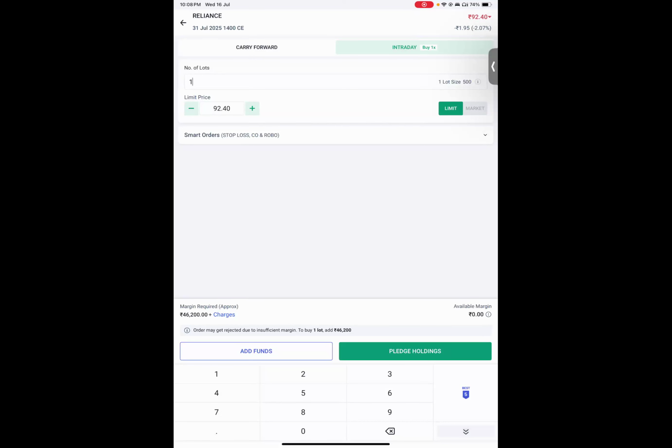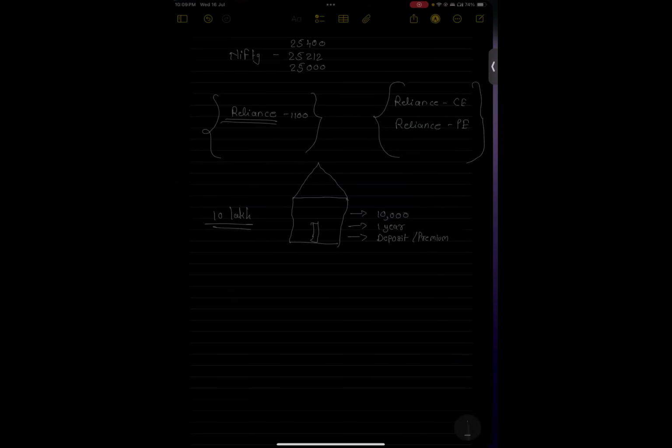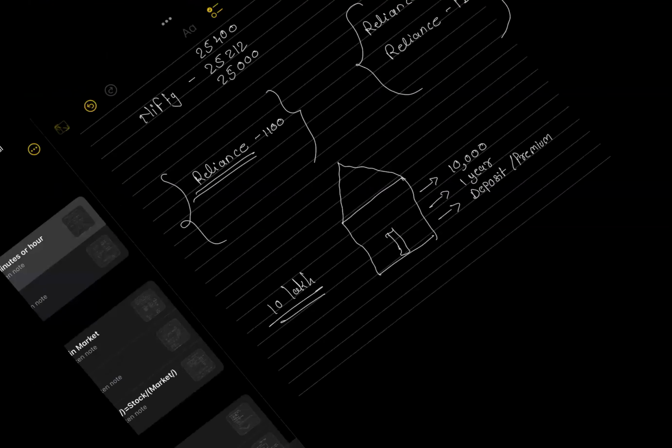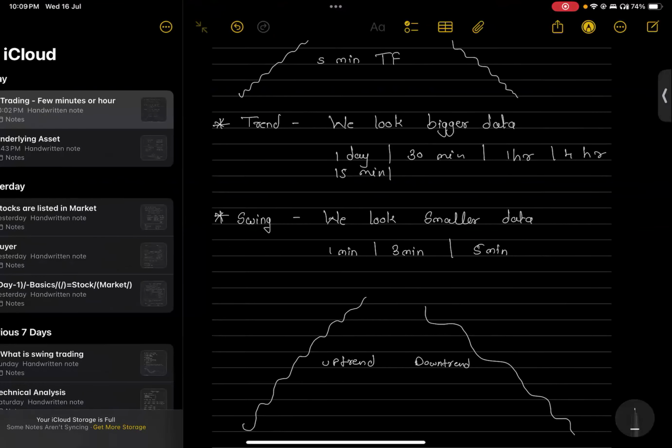Please type one in the chat box if this part is clear till here. Yep, there is a margin, no, sir. That's the reason we are getting it for 46,200. Otherwise, the actual price of that asset is 1,46,000, sir.